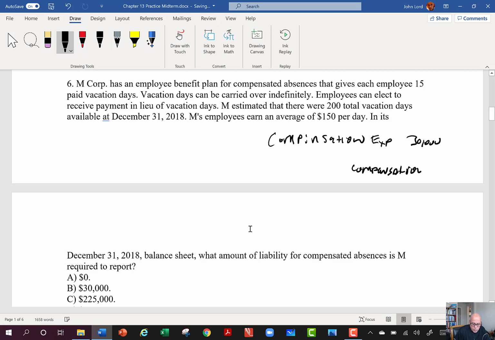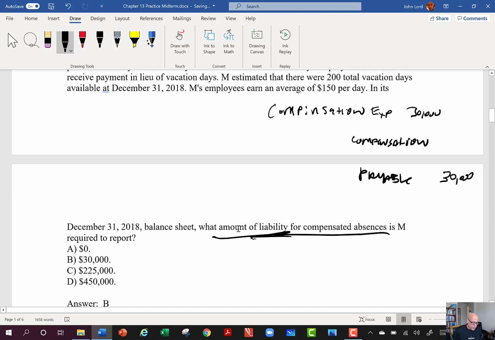I'm never going to give you a choice that tests whether you know the exact name, whether we call it compensation payable or wages payable. I may ask you, is it a liability? Yes, it is. We would credit the liability, compensation payable, $30,000. So what amount of liability for compensated absences? I'm not going to get tangled up in the name of the account. I would call it what it is, a liability, and that's going to be credited for $30,000.